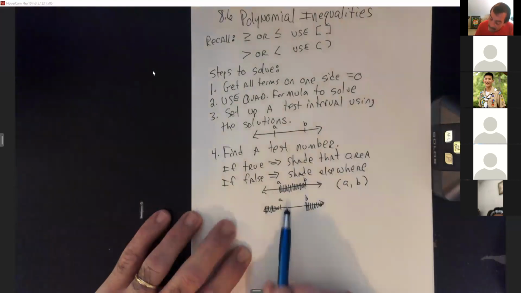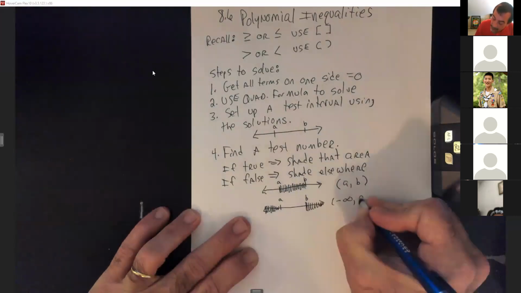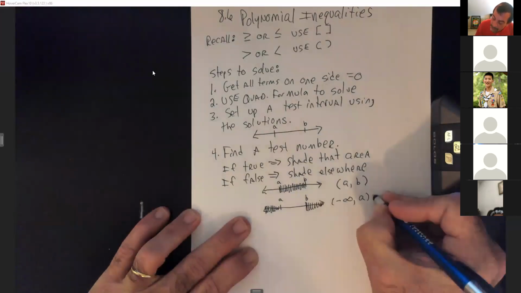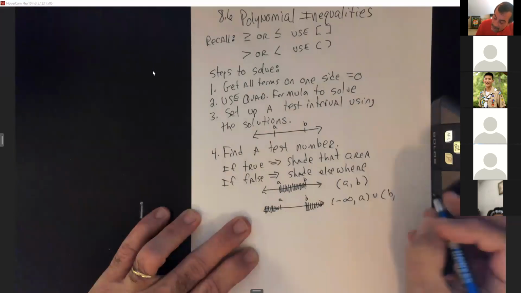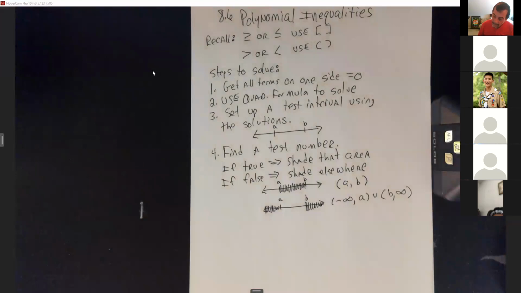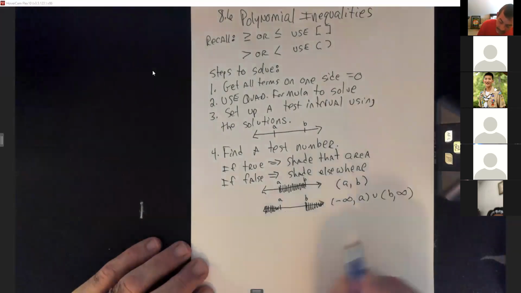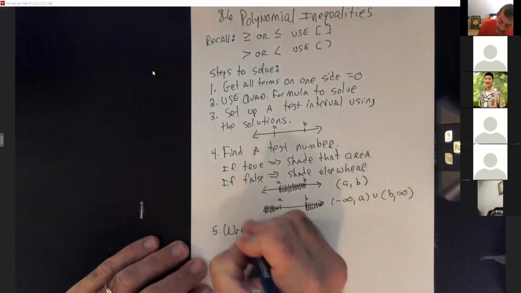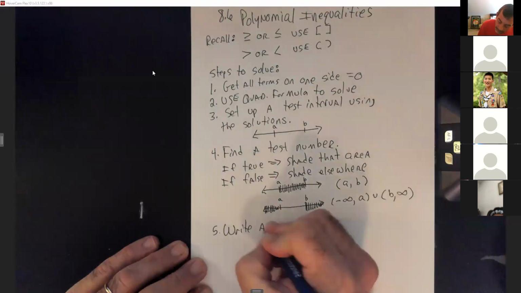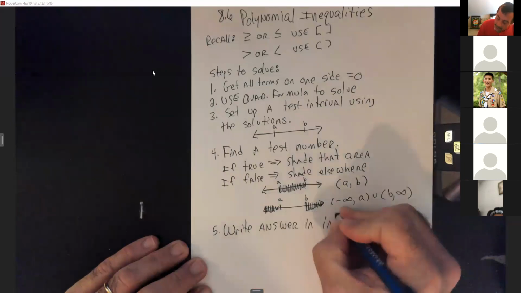But if it shades on the edges, those are going to go from negative infinity to the number, and in union, the second number to positive infinity. Okay, so once we did our test, write the answer in interval notation.